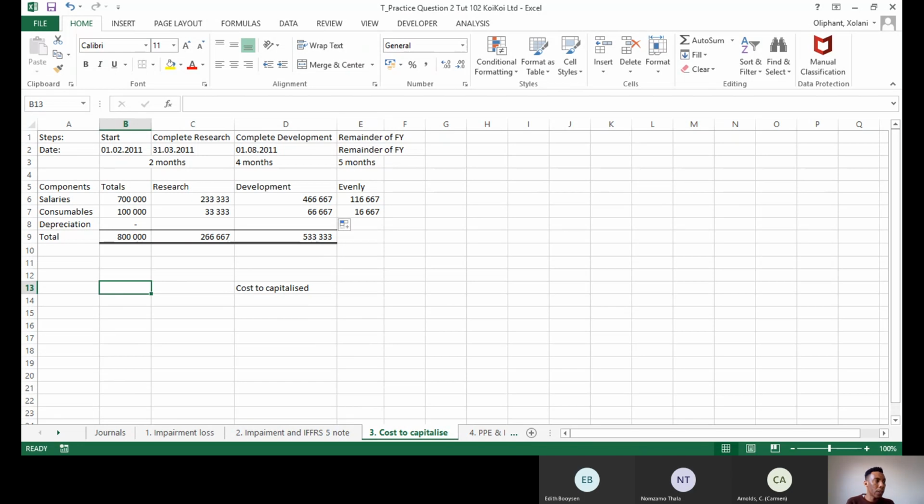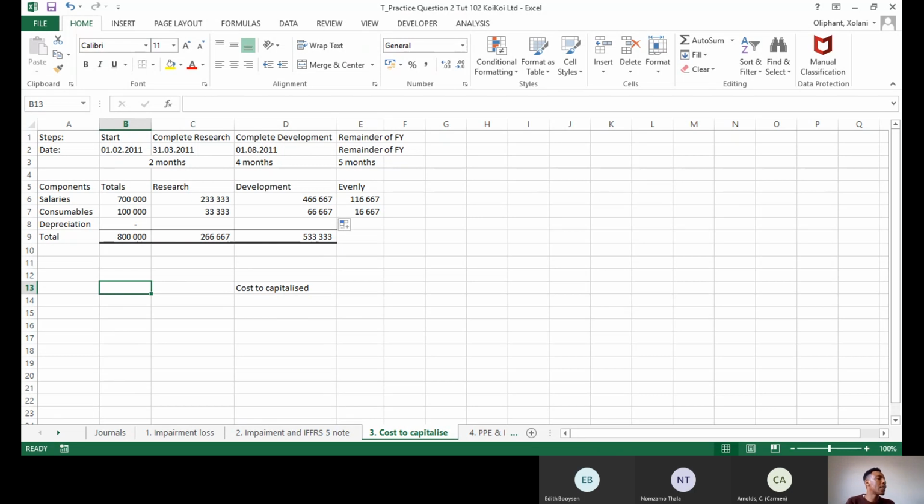Because in that 900,000 there is a financing component, and we need to take out that component, because it is going to be interest. You're going to do that just now.